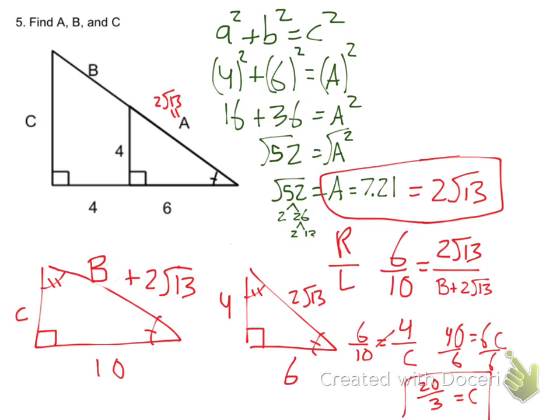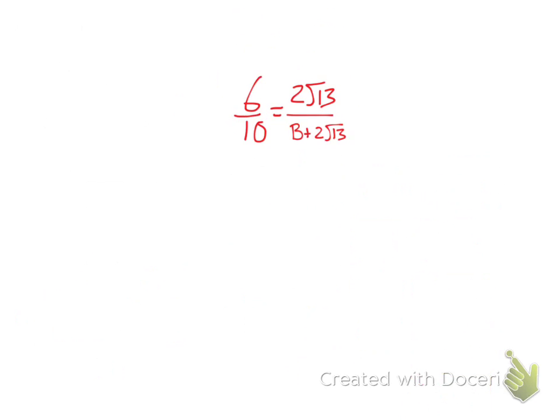This thing, though, is gonna be a little crazy. Let me move it to another page. So let's cross the corners here. Okay. Let's cross these two first. 10 times 2 times square root 13 is what? 20 square root 13.